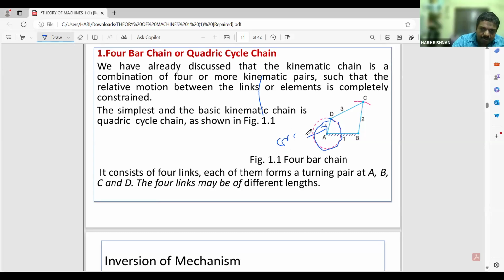The crank will rotate. It is the smallest link. The smallest link is the crank. So the crank will rotate. When the crank rotates, what happens?